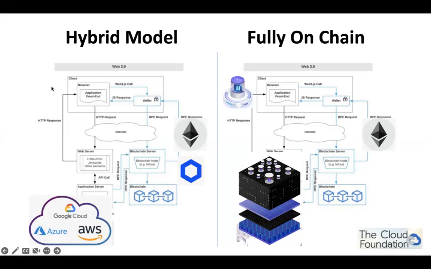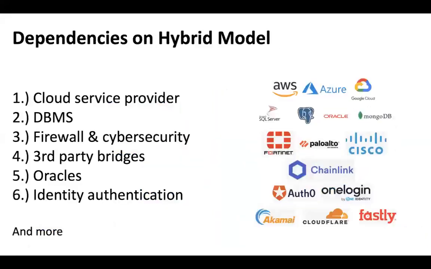So you can already see the hybrid model is designed to have a lot of dependencies because it's still using Web2 architecture at its core, and dependencies are inherent to Web2 architecture in its current form. And on top of cloud providers and Oracle services, you also have numerous other systems that can be tied into any given web-based or Web3-based application.